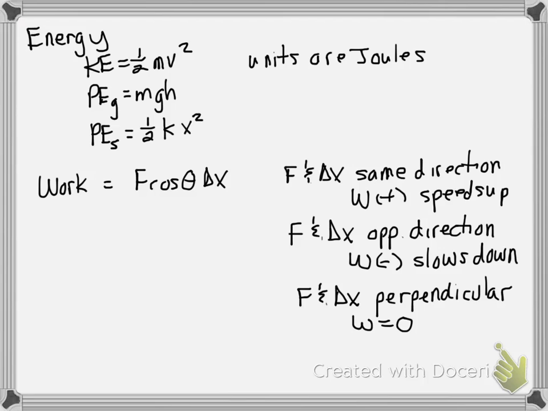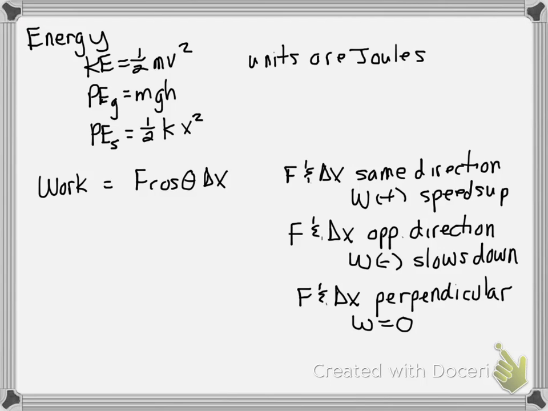So that means that if you are lifting up on an object and walking across the room, you are exerting a force and the object is moving through a displacement, but you are not doing any work on it. You might get tired, but you're not doing any work on the object because you are not increasing its energy in any way.